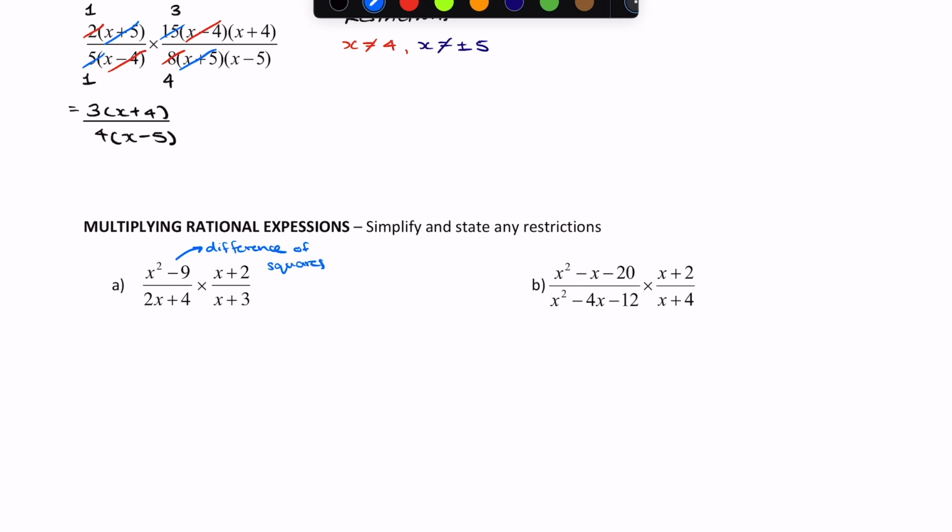So here we get x minus 3, x plus 3 over, and here we can factor out a common factor of 2. We're left with x plus 2, multiplied by x plus 2 over x plus 3.